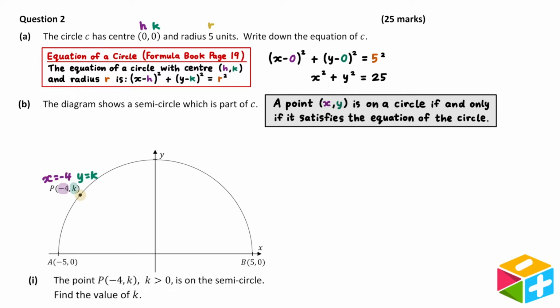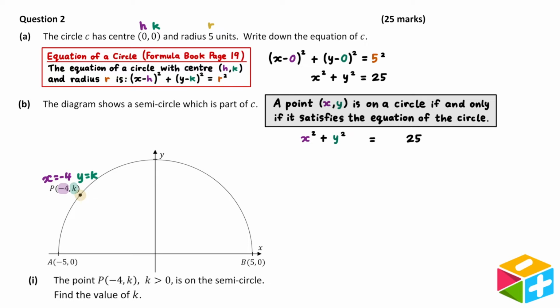We know that the point P, (-4, k), is on the circle. Since P has an x coordinate of -4 and a y coordinate of k, x equals -4 and y equals k must satisfy the equation of the circle.